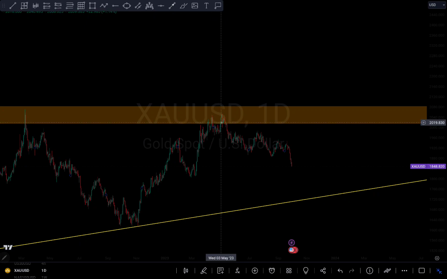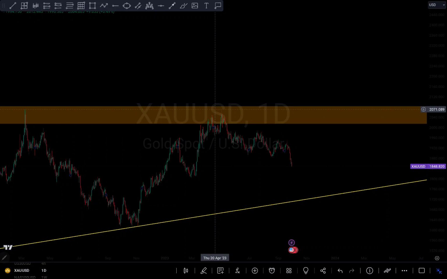There is another one right here, May 2023. So as you can see, one here. It just shows how solidified the zone is.